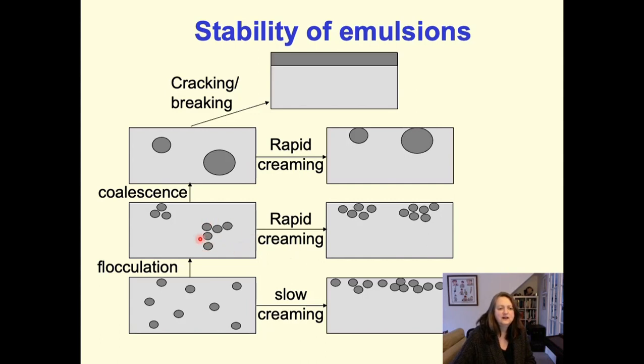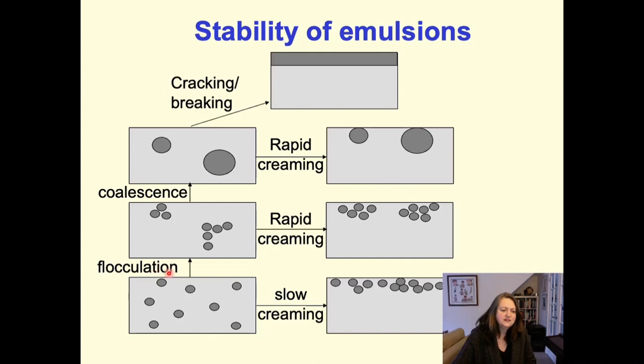And we can have the same with the flocculated system. That would probably cream faster because they are larger. And then, of course, if you've coalesced and got very big droplets, they will cream even faster, and that will lead to breaking, and the system will be destabilized.